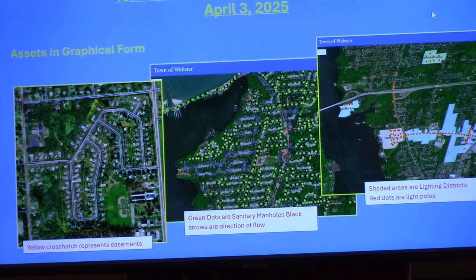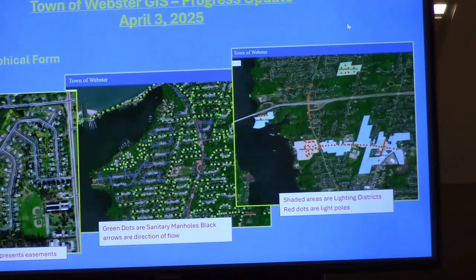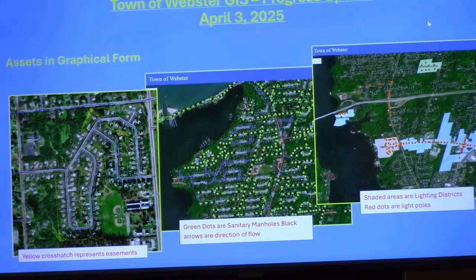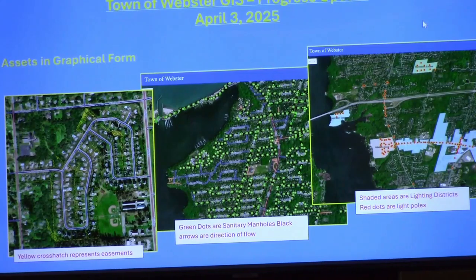In the center is some of our sanitary system, and then to the far left, which is a little harder to read, are some easements over top of where we might have some infrastructure that we need access to. Behind this is a lot of information that, when you click on any one of these points, either now or into the future, will tell you more about what is going on. For example, in the lighting district, if we click on one of those red dots, we find information about the luminaire, when it was replaced, what year it was installed, etc.